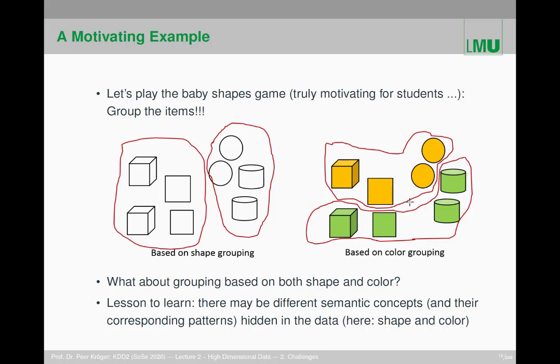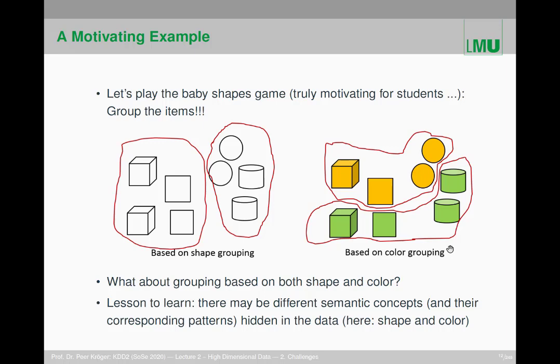So what is the correct grouping for this data set? The lesson to learn is, in this data set, with the 10 features, 5 represent shape, 5 represent color. There are 2 different semantic concepts hidden in this data. So 5 features for the semantic concept of shape, 5 features for the semantic concept of color.